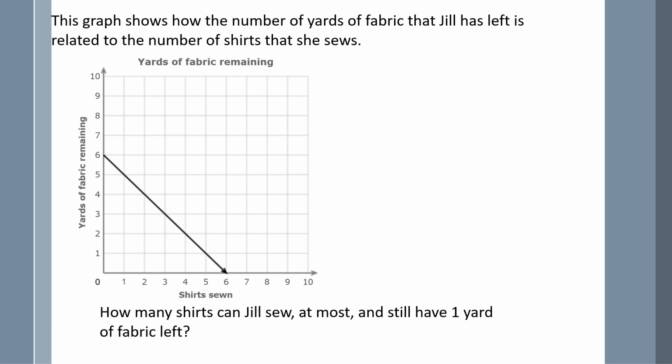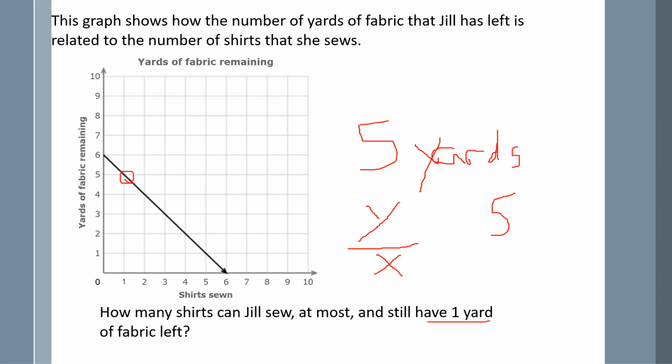So if I'm reading the graph and it says something about 1 yard, I know for a fact that she will have 5 yards of fabric, because remember when you're dealing with slope, it's rise over run, or y over x. So your y is 5 and your x has to be 1.